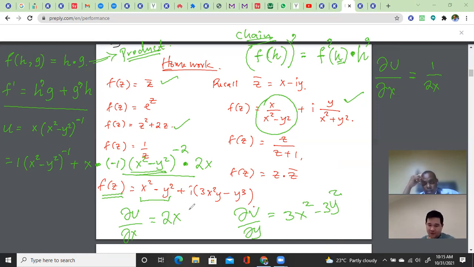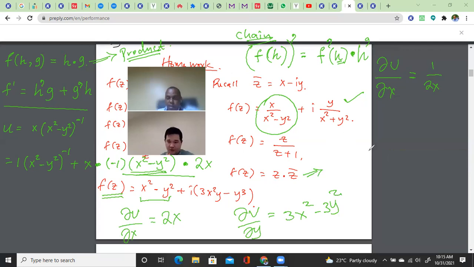About the function z times z bar. You also did that? Yes, I did that. But there is no v part. This is going to be x squared plus y squared, right?